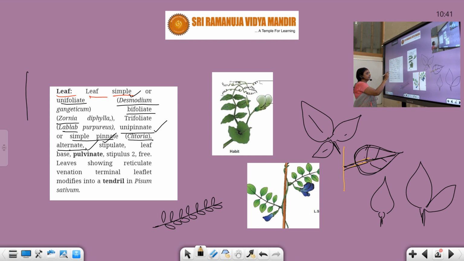So here when I am saying alternate, that means at one node only one leaf is present, that is called alternate. At another node, another leaf is present. They are orthostichous type arrangement here, and spiral type of arrangement. So alternate leaves means at one node only one leaf is present. Here you can see, this is the pinnately compound.